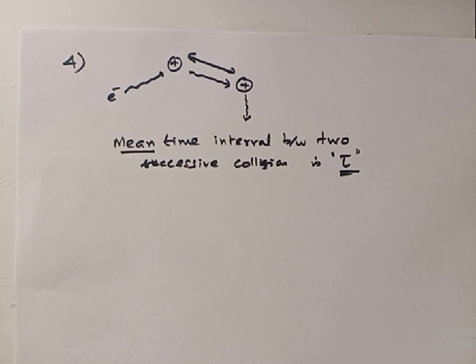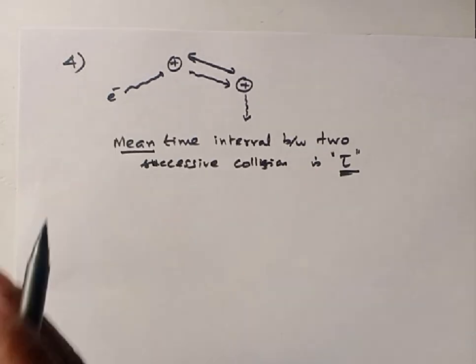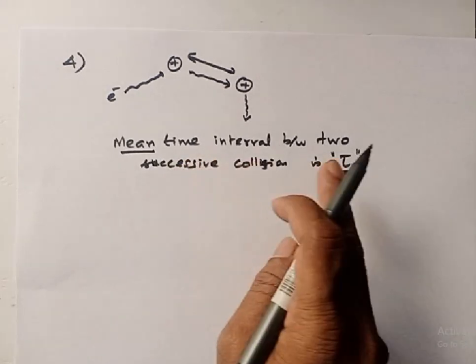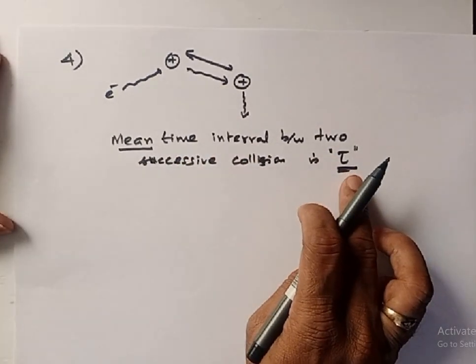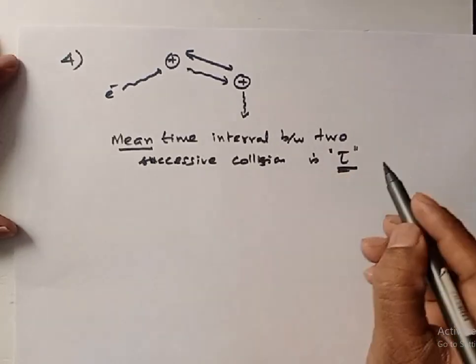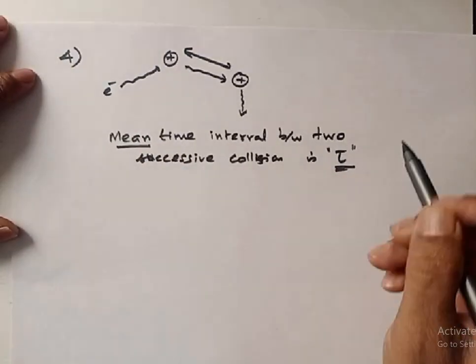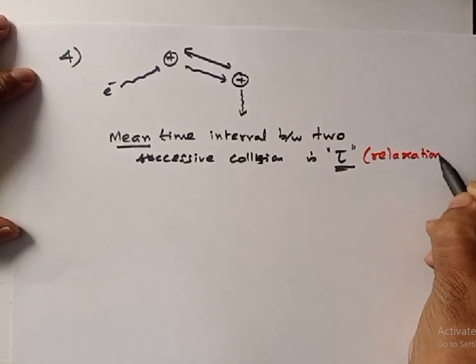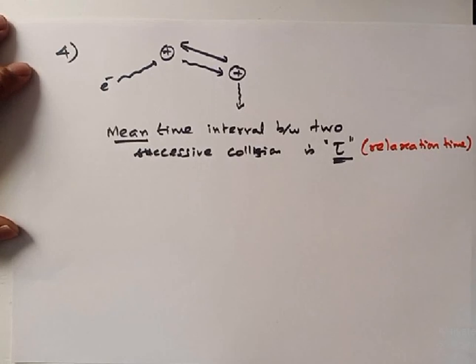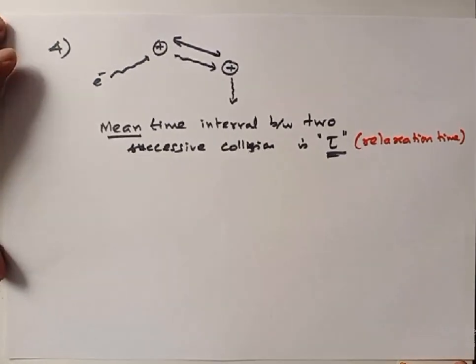So the time taken is not the same, and that's why we require the mean. This mean time interval between two successive collisions is represented as tau, also called relaxation time. Clear?